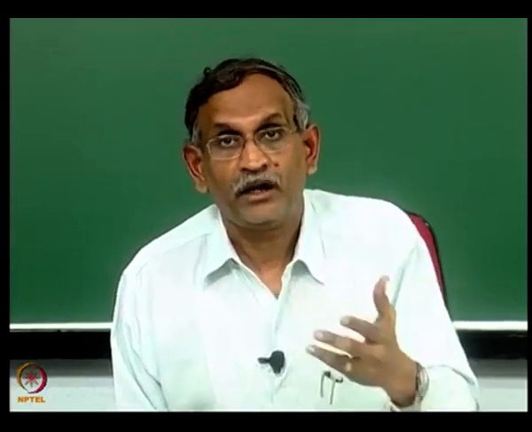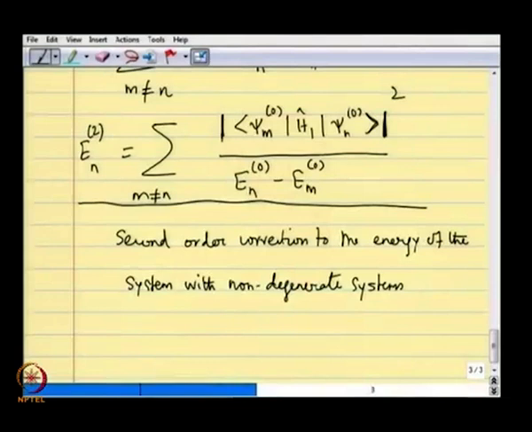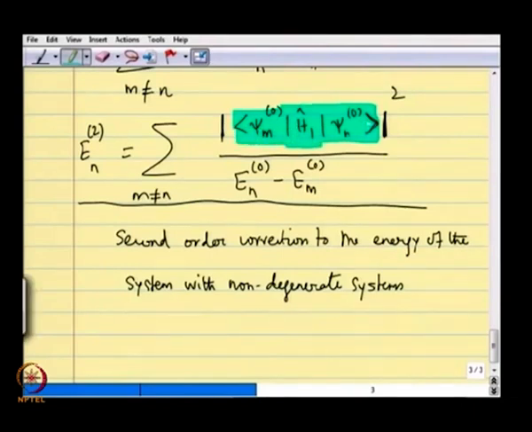Then the matrix element between the bra state of a particular row, the Hamiltonian, and the Ket state of that particular column is what is called the matrix element of the Hamiltonian. Now, the term that you have here, namely psi m0 h1 psi n0, is a matrix element, but please remember m is not equal to n, and therefore this is the off diagonal matrix element.